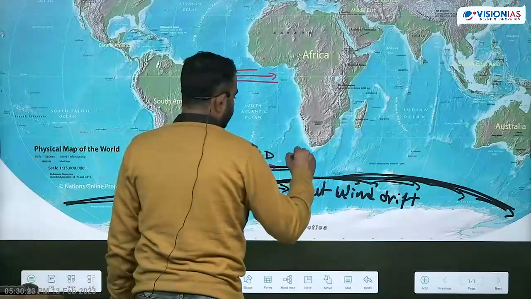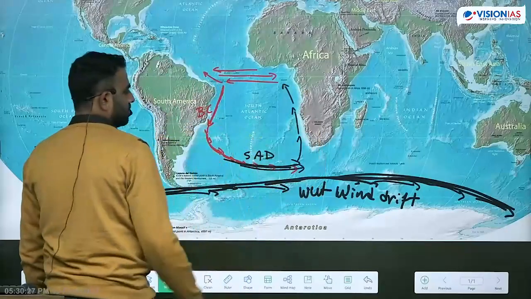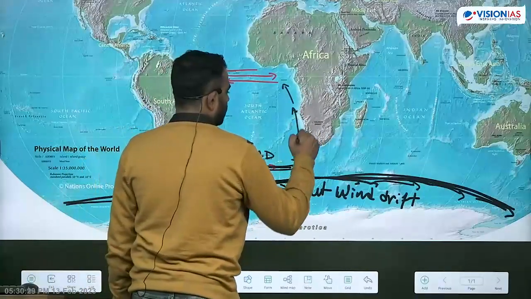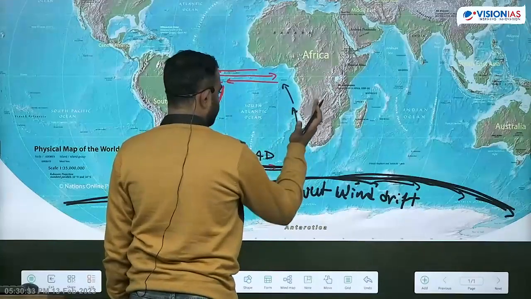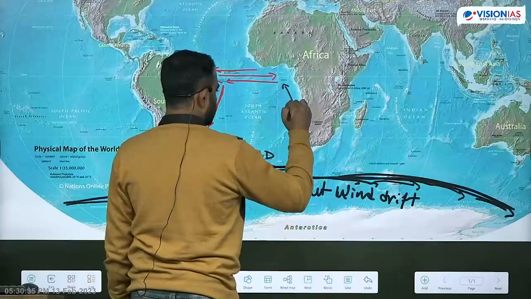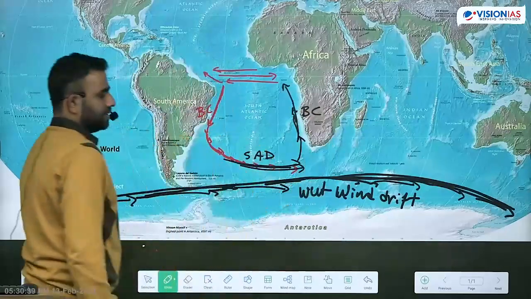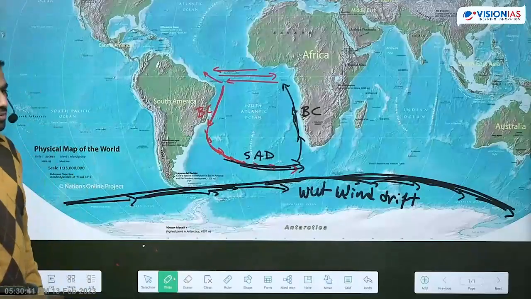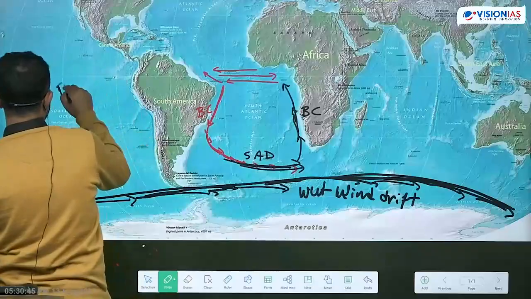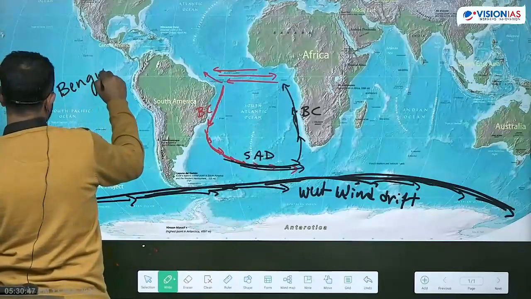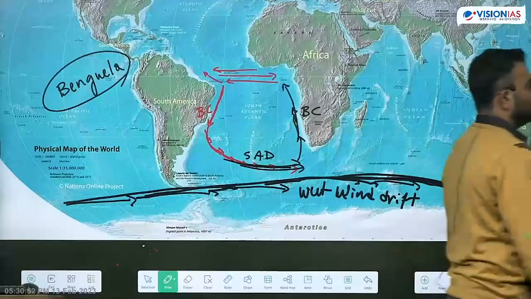Now a part of it turns towards the north, and it moves along the western coast of South Africa. Okay, southern part of Africa, it goes towards its western coast, and this is the cold Benguela current.